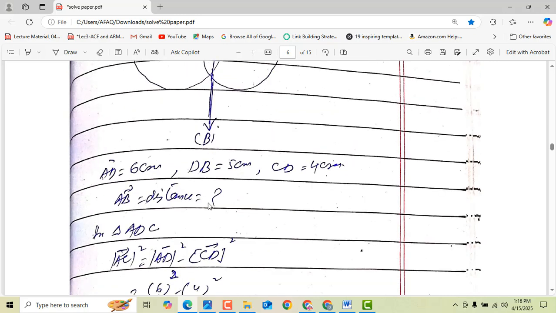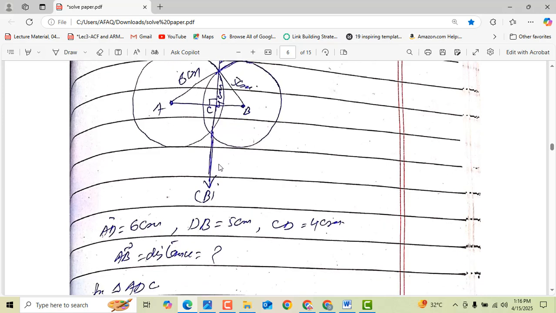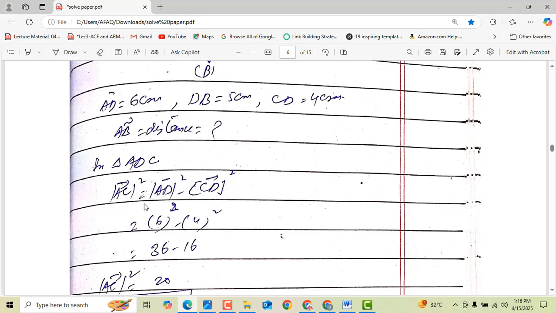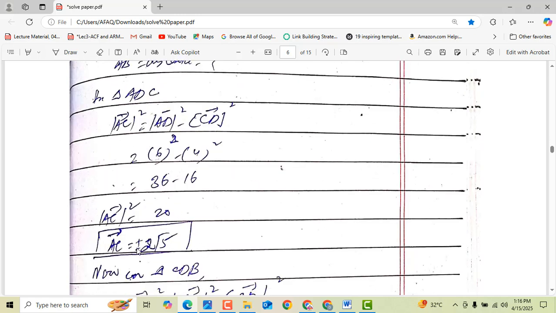In triangle ADC, AC square is equal to AD square minus CD square, by the Pythagoras theorem. 6 square minus 4 square, 36 minus 16, 20, and AC is equal to plus minus under root 20, that is 2 under root 5.